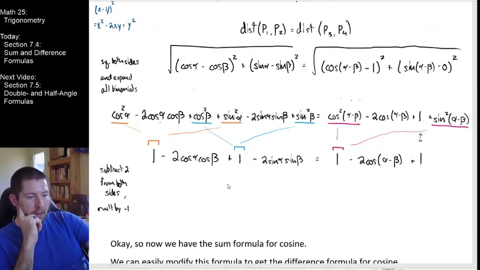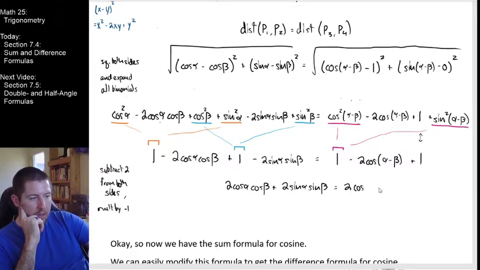And what am I left with here? 2 cosine alpha cosine beta plus 2 sine alpha sine beta equals 2 cosine alpha minus beta.